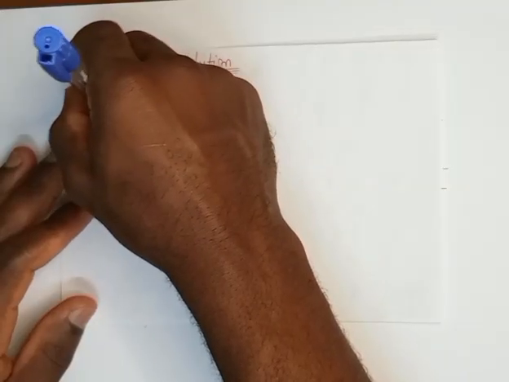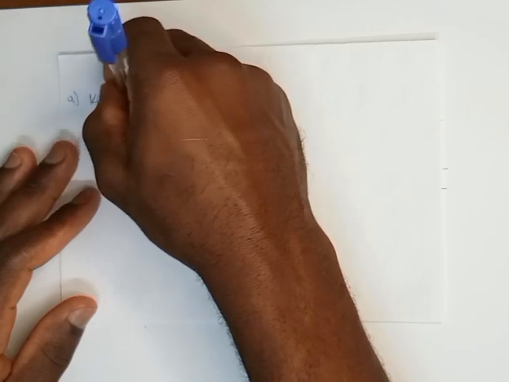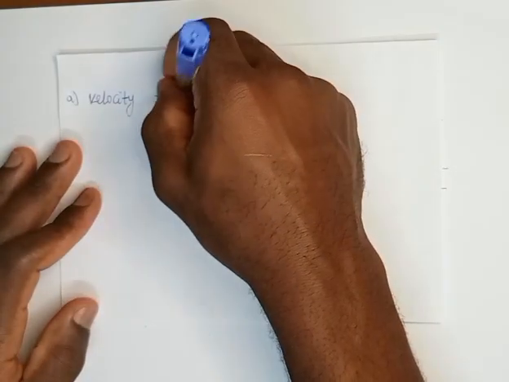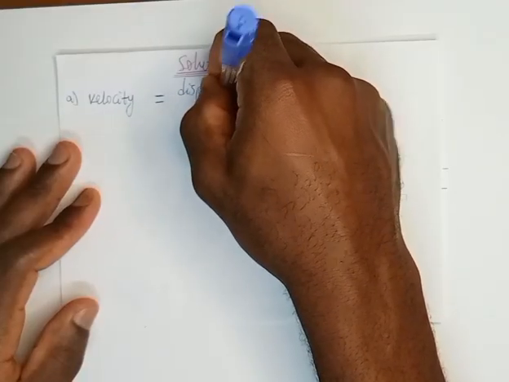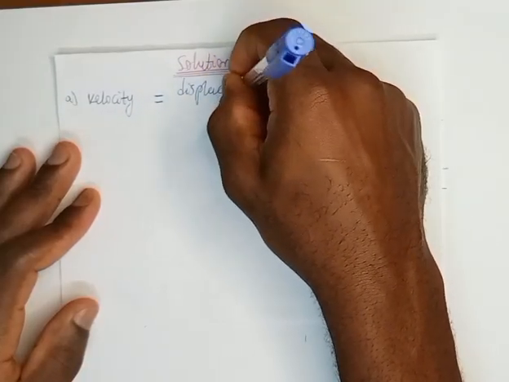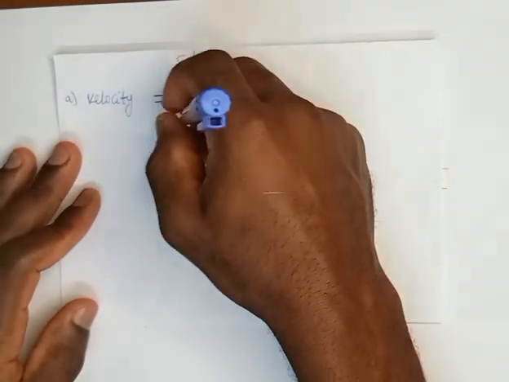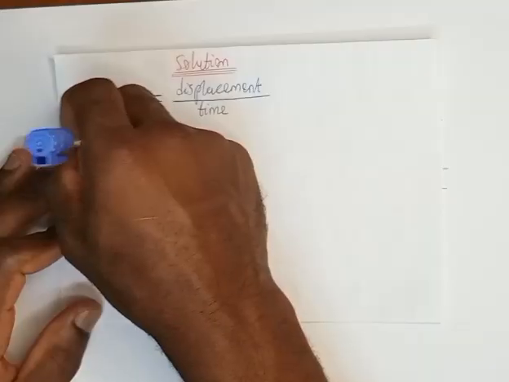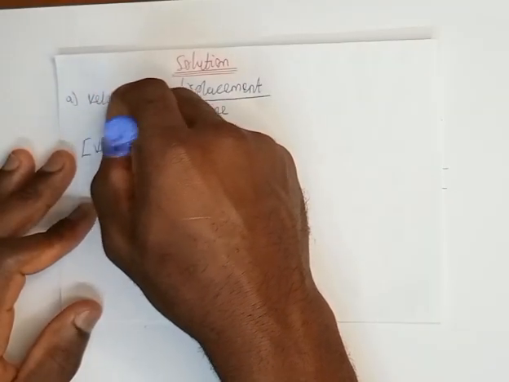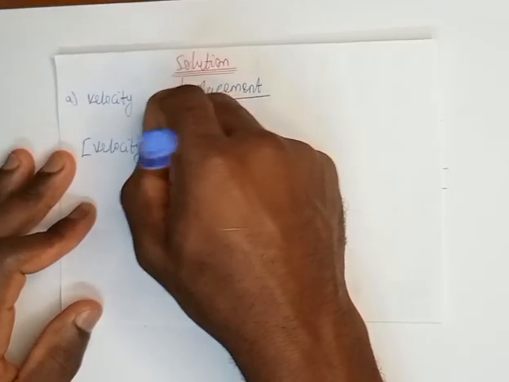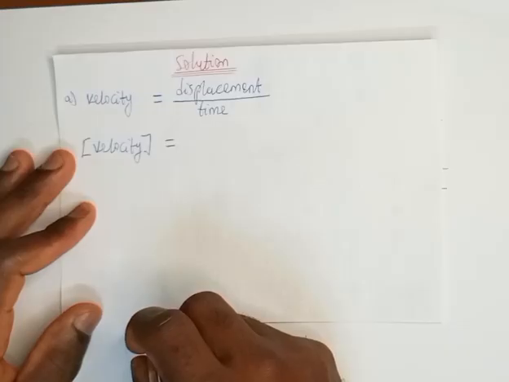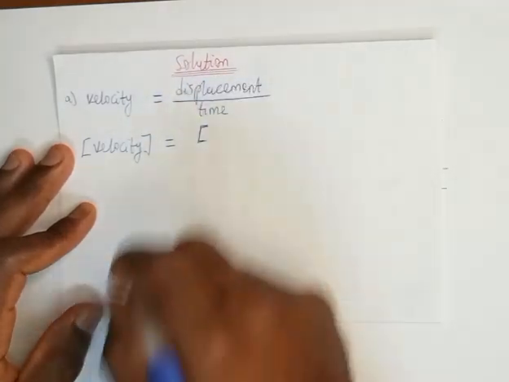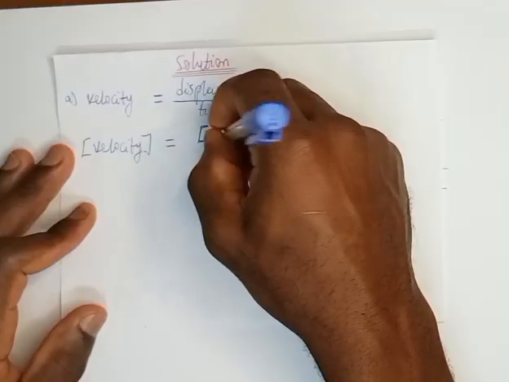We take down the solution. A, velocity. Velocity is simply equal to displacement all over time. The dimension of velocity will simply be equal to the dimension of displacement, so in square brackets we put the dimensional symbol, which is L in square brackets.